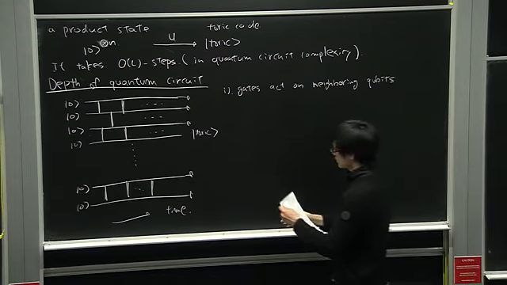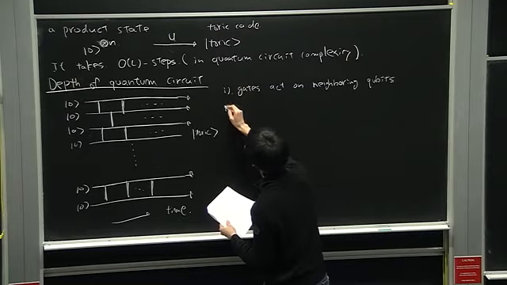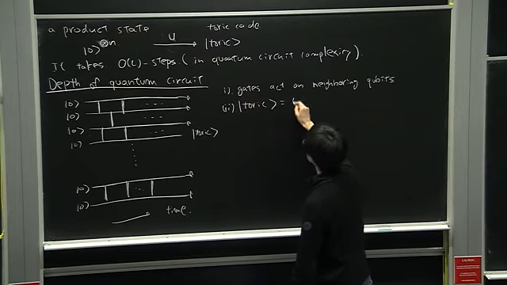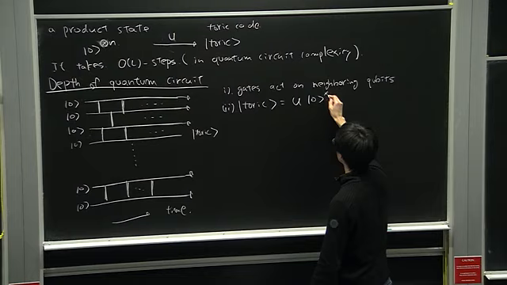And also, one important comment is that here we are thinking about some unitary operator which creates the toric code from the product states.